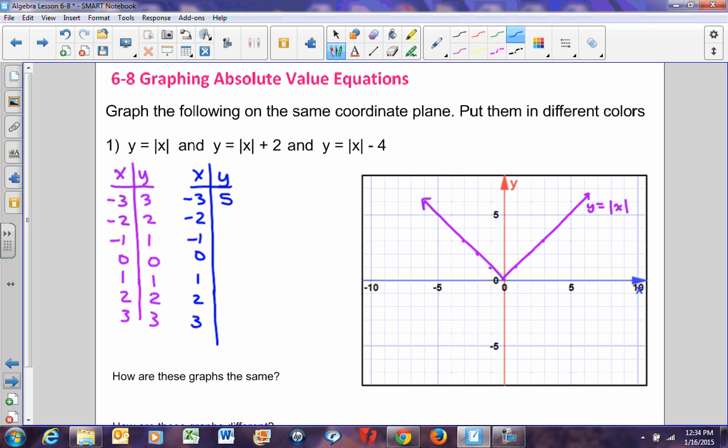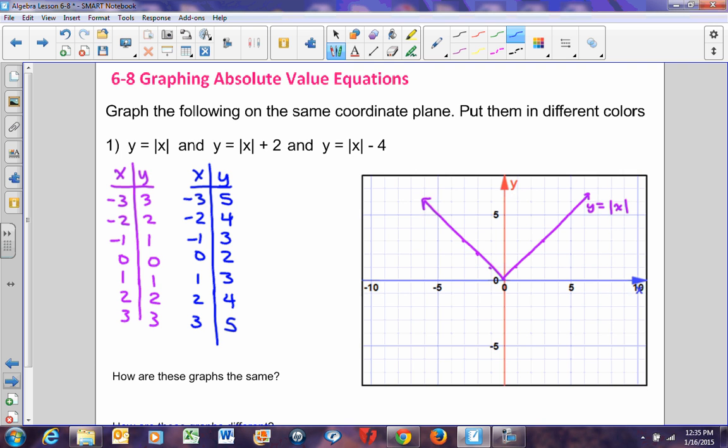The absolute value of negative 2 is 2, and 2 plus 2 is 4. Absolute value of negative 1 is 1, 1 plus 2 is 3. Absolute value of 0 is 0, 0 plus 2 is 2. Absolute value of 1 is 1, and 1 plus 2 is 3. Absolute value of 2 is 2, 2 plus 2 is 4. Absolute value of 3 is 3, and 3 plus 2 is 5.